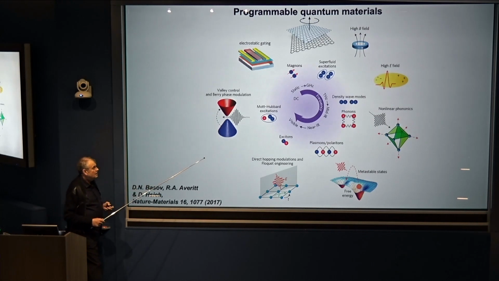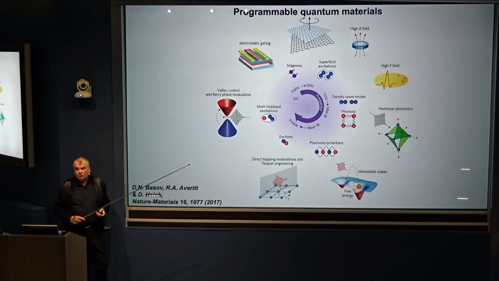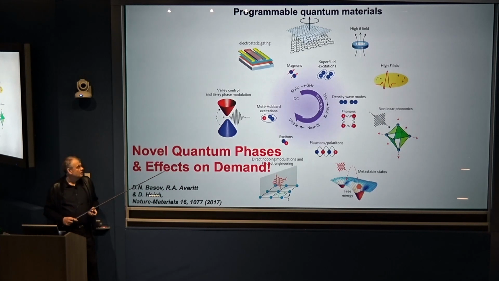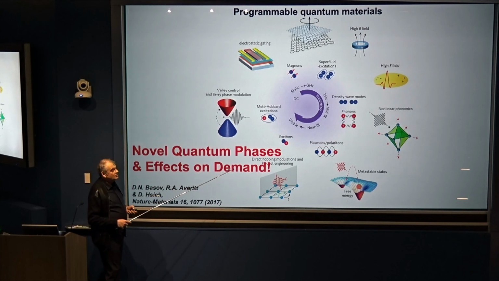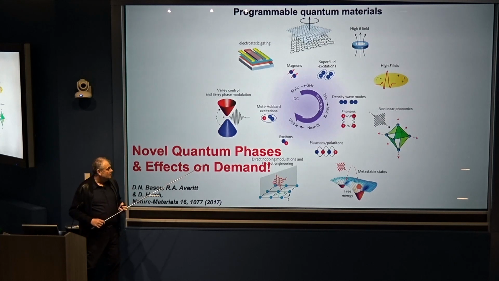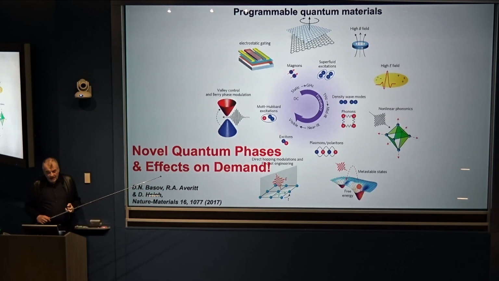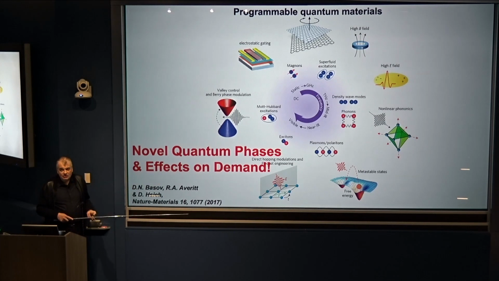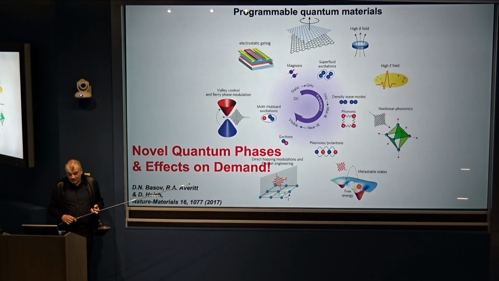That's because it's feasible now to create on-demand new quantum effects, new quantum phases, and in different classes of materials, especially these imperfect metals and imperfect semiconductors of van der Waals, of layered crystals, are particularly amenable to this on-demand control. If nature doesn't provide us with a quantum phase we wish to investigate, we go ahead and create it. And I think this is really great because we no longer need to remain passive observers in condensed matter physics.